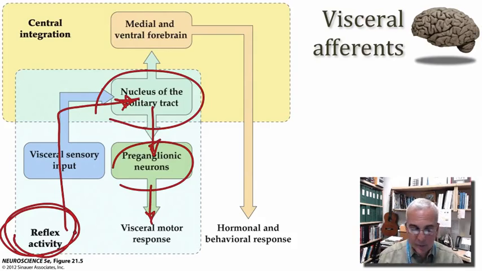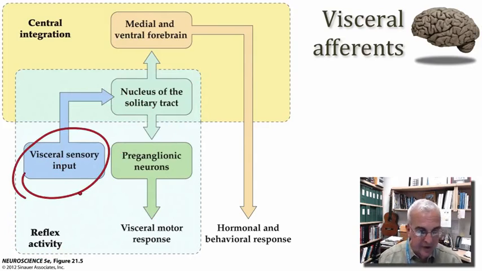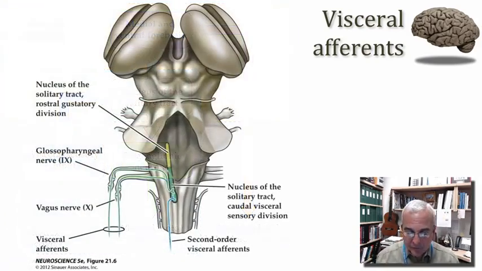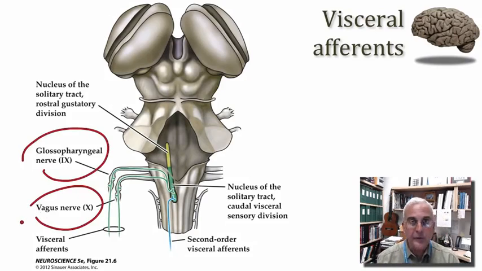Well, I want to say a little bit more about the sources of this visceral sensory input. So this visceral sensory input essentially comes through two cranial nerves and through collaterals of our anterolateral pathway. So in this illustration, we see those two cranial nerves. They are the glossopharyngeal nerve, cranial nerve 9, and the vagus nerve, cranial nerve 10.